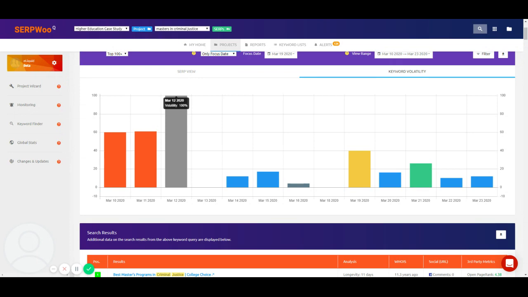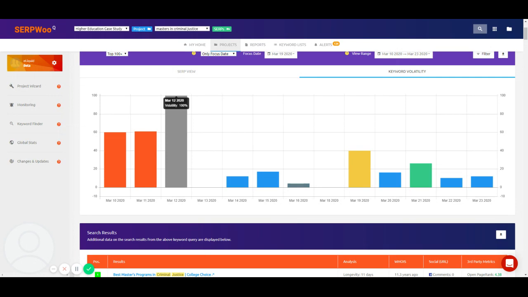We scan our entire keyword universe, which includes individual keywords, so that you can see what's working and what has changed in your specific SERP, so that you can gain the unique knowledge to rank above your competitors for each individual SERP. So I'm glad I checked this, because while we did have changes on the 19th, this particular SERP was impacted by something on the 10th, 11th, and 12th.